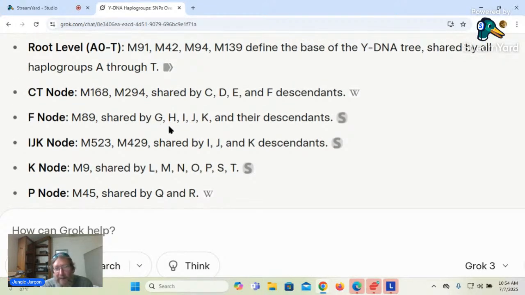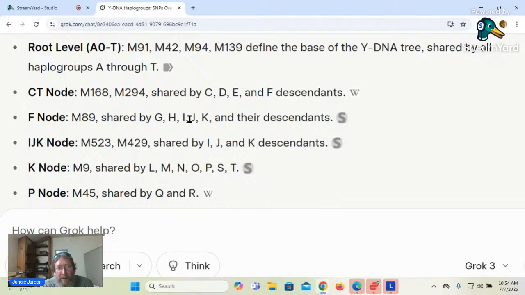They have it written like that as if each one has their own SNP marker, but they all share the M89, including the IJ and the K. So it's not that hard.